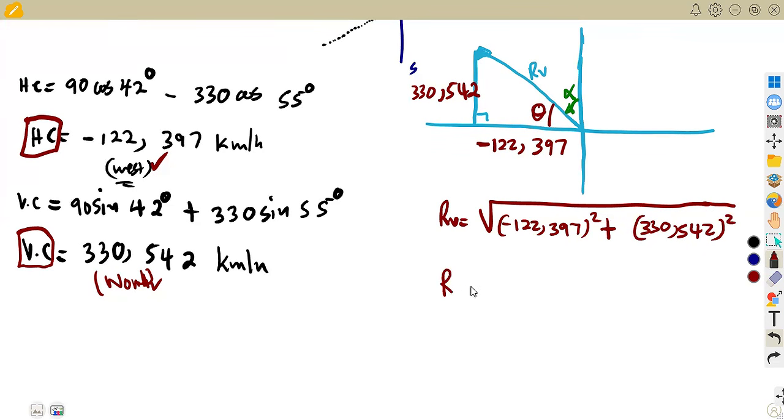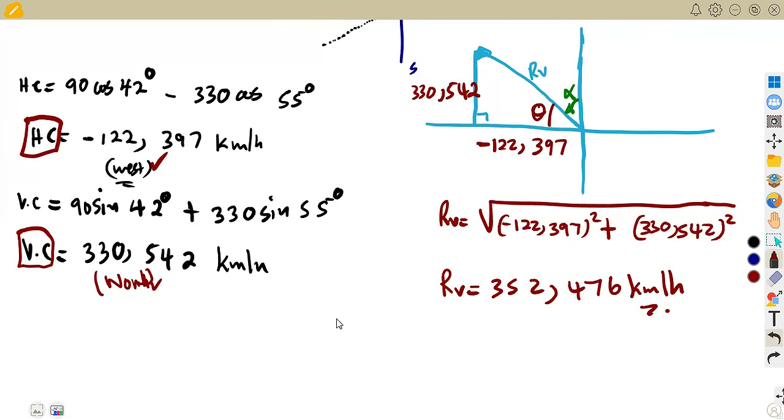So that is going to give us the resulting velocity, which is going to be 352.4755 and so on, so that's 352.476 kilometers per hour.